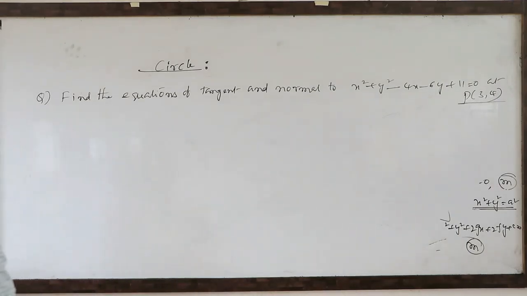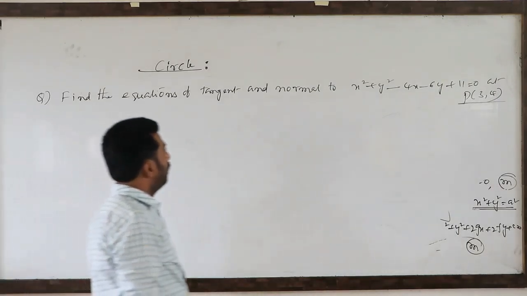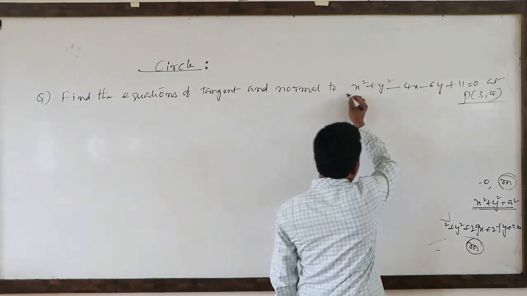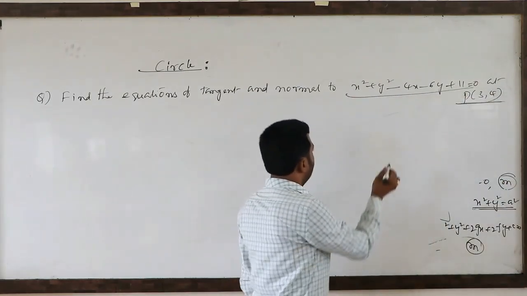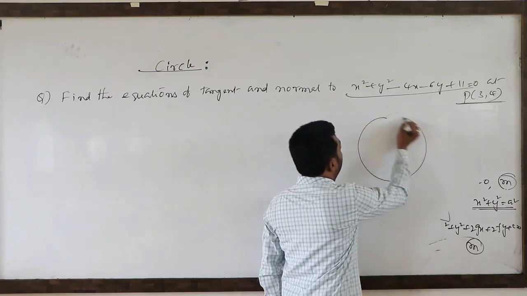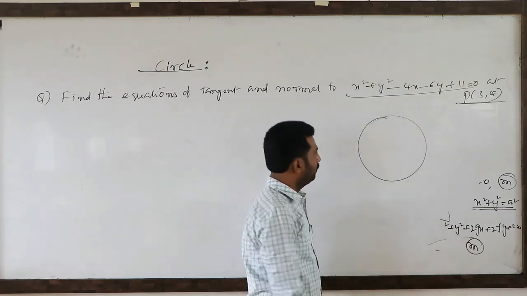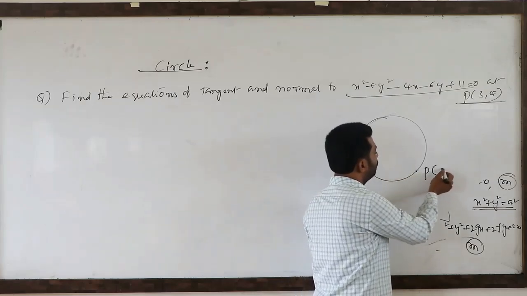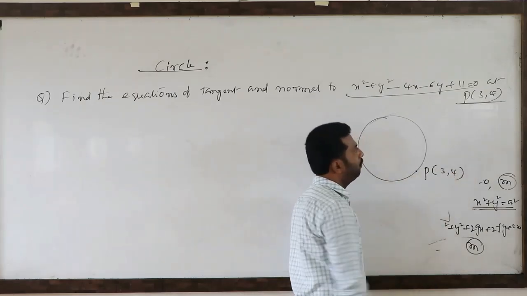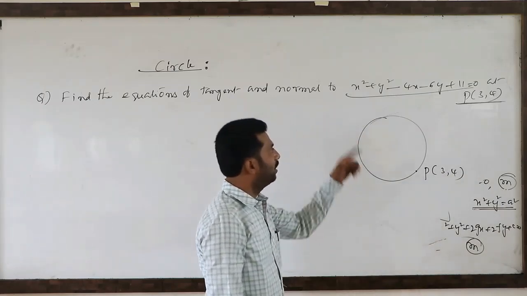So there, find the equation of the tangent and normal to the circle at this point. They have given the equation of a circle and one point. Suppose this is P of 3, 4. You have to check whether this point lies on the circle or not.